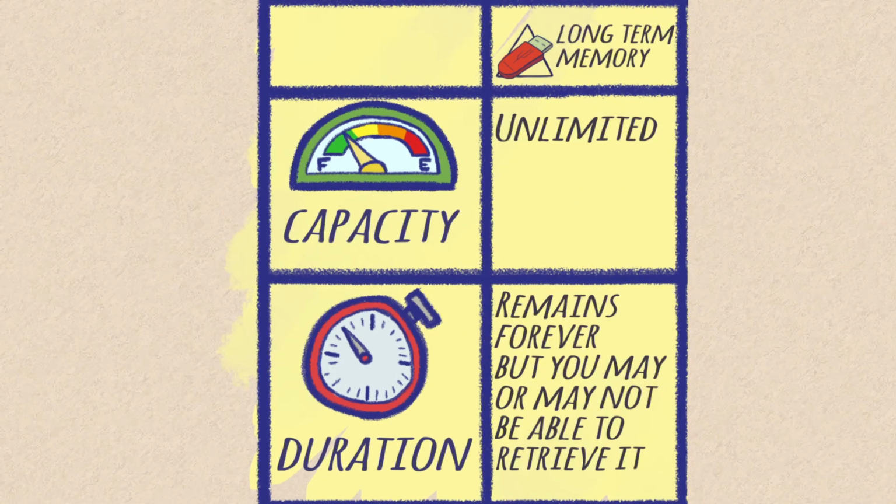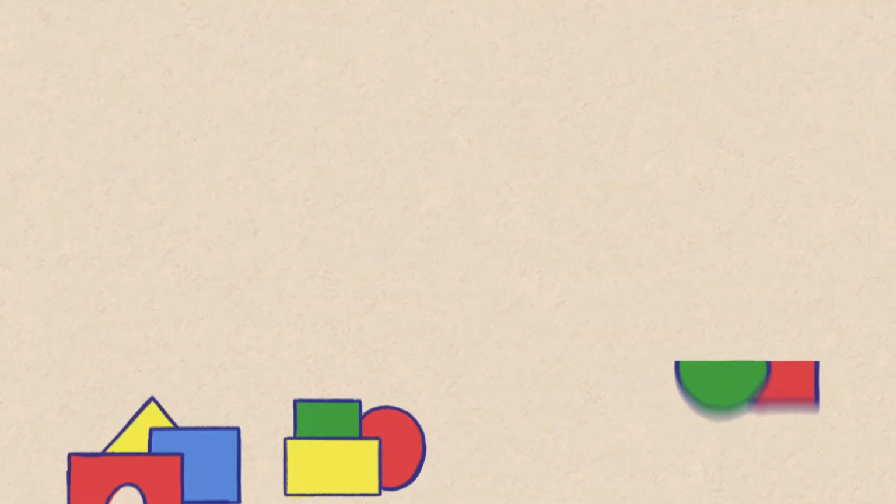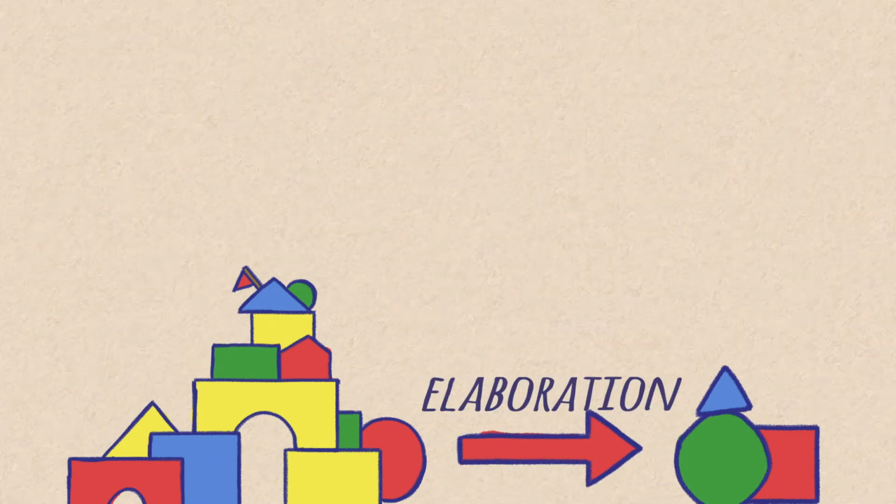Many researchers believe long-term memory has unlimited capacity and that anything stored there is permanent. They hypothesize the reason we forget things is that discrete pieces of stored information cannot be retrieved because they are not connected to other pieces of information in more complex schemas or networks. Unconnected pieces of information cannot easily be retrieved. This is why it's important for students to construct knowledge through elaboration rather than simply trying to memorize new information.